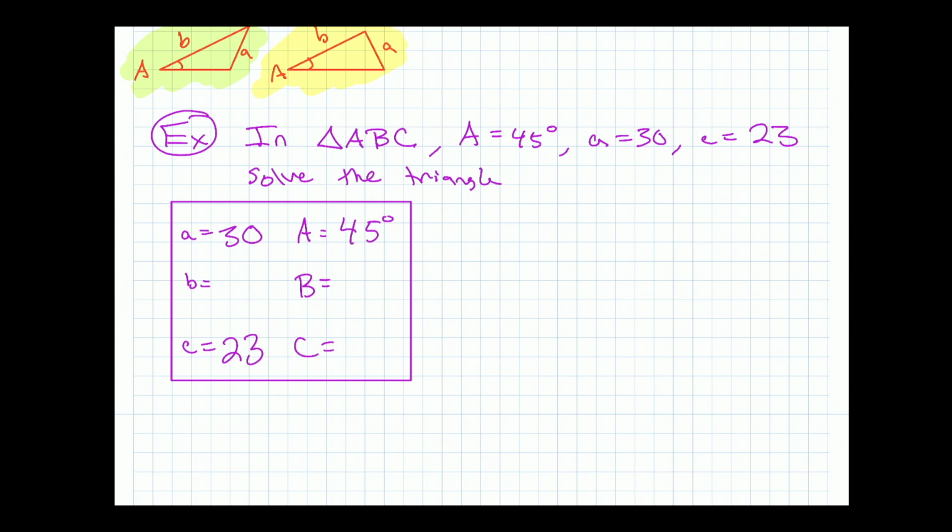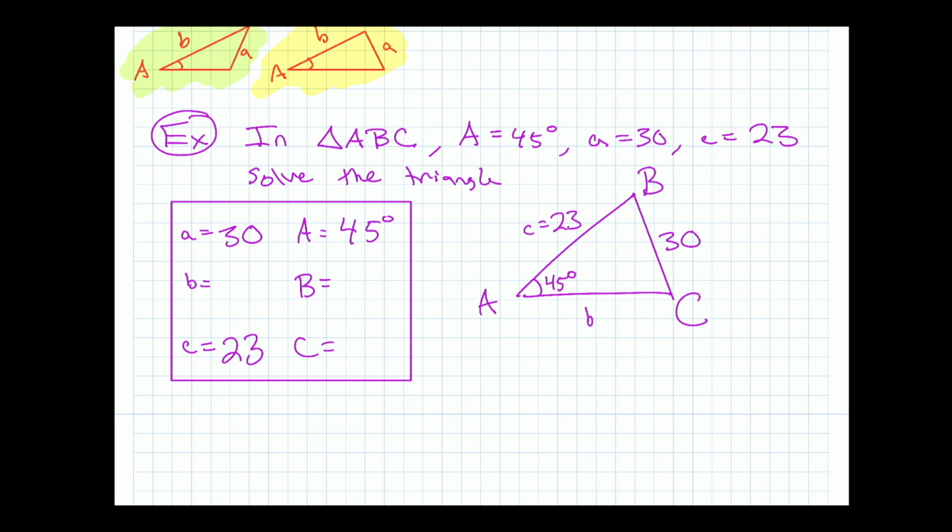So if you draw it, you've got big A, which is 45. You've got little a, which is over here, 30. We have B, this is C, so this is little b, and then this is little c, which is 23.